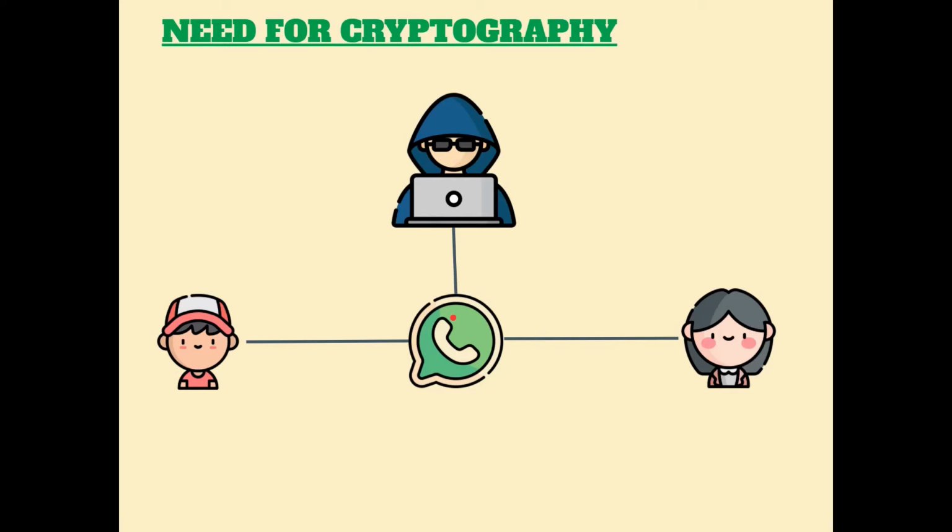Then he will also know what this boy and the girl are talking about. They may be talking about important matters related to their offices or schools or colleges. Now, this intruder will also know. So this is a breach of privacy. So what can we do?